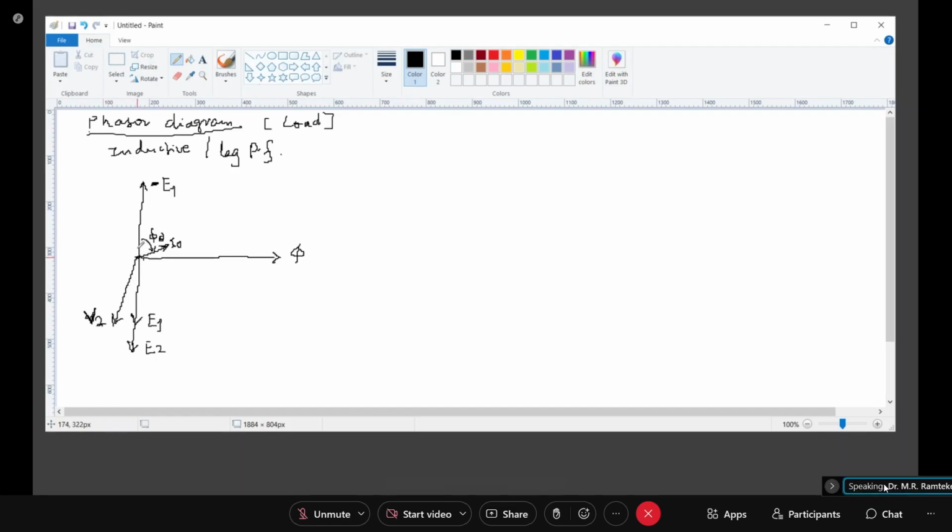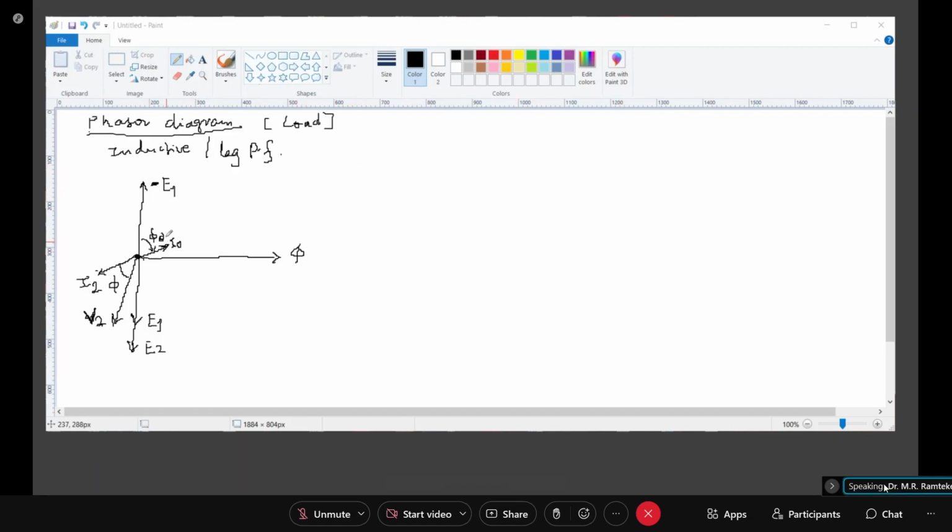And we are talking about a lagging power factor, that is, a lagging or inductive load. So the current will be lagging by some angle. Say the load current is I2 and the load power factor angle is phi.